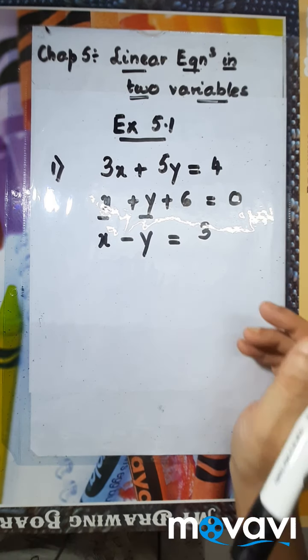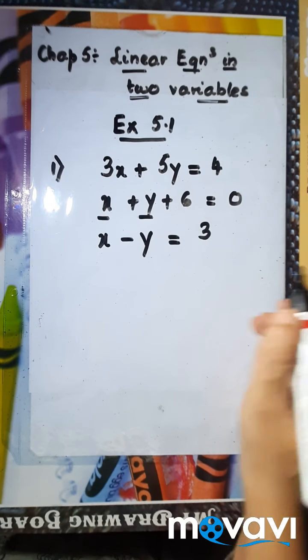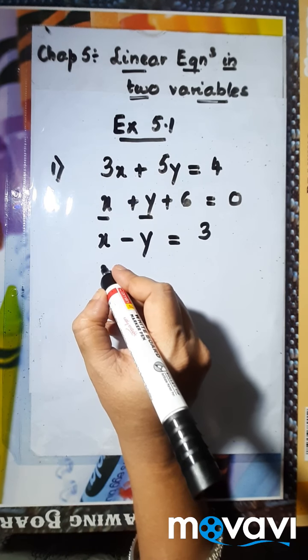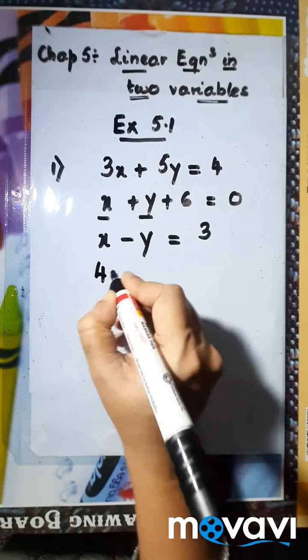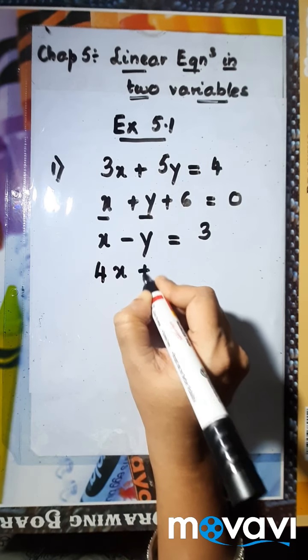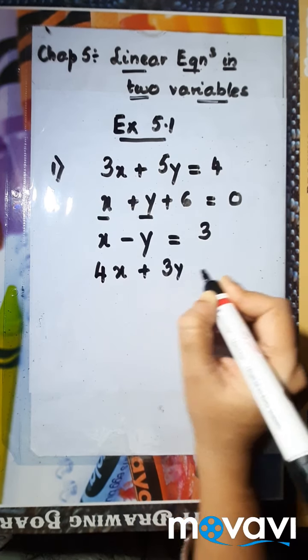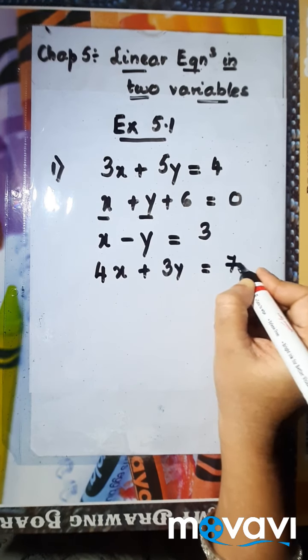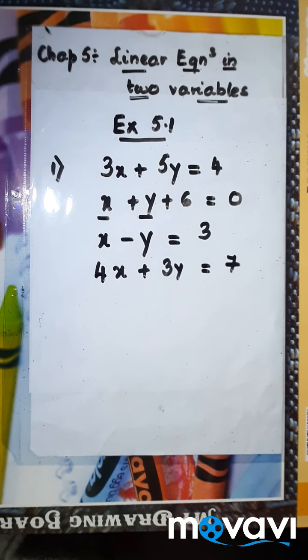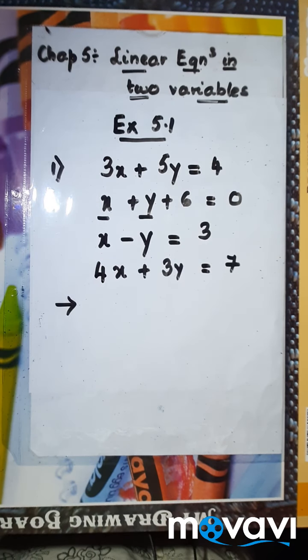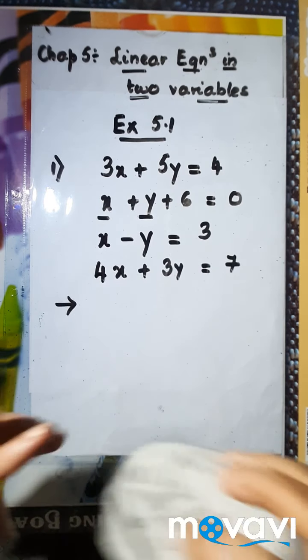One more we can write is 4x plus 3y is equal to 7. This is also a linear equation in two variables. Come on, give me one more example which you like, the fifth example. So this is my question number 1 from exercise 5.1.